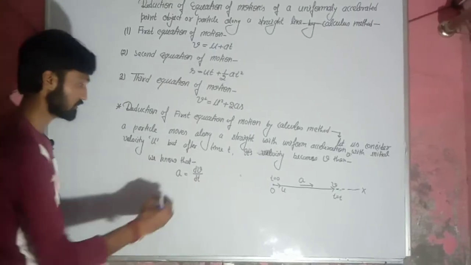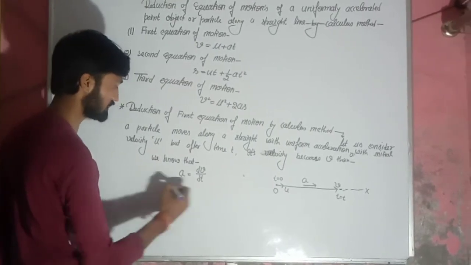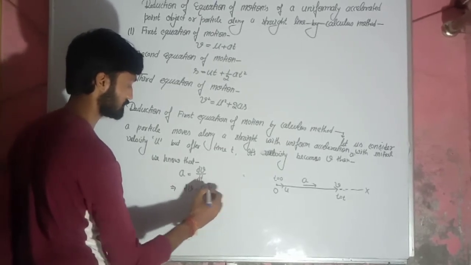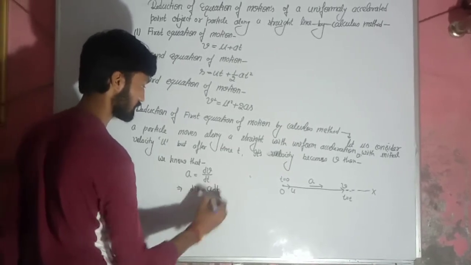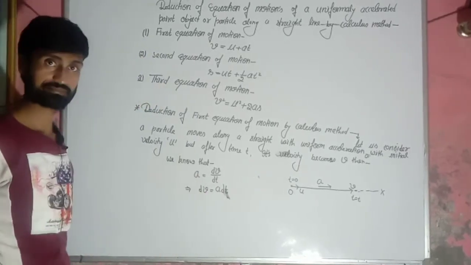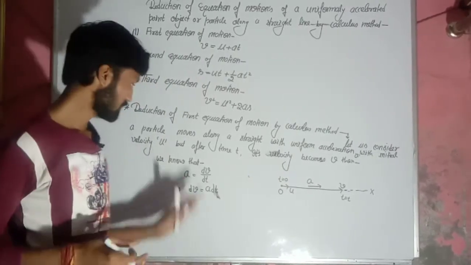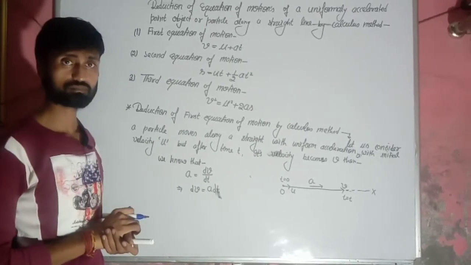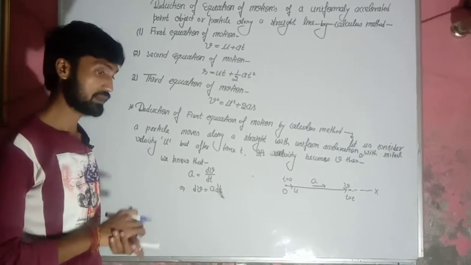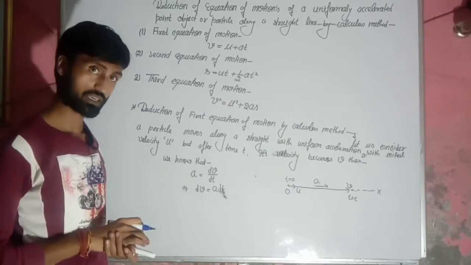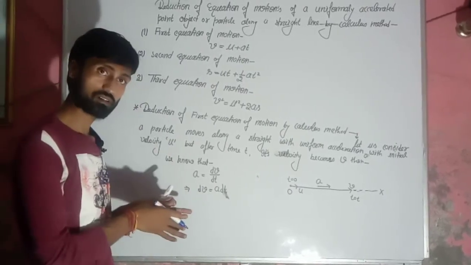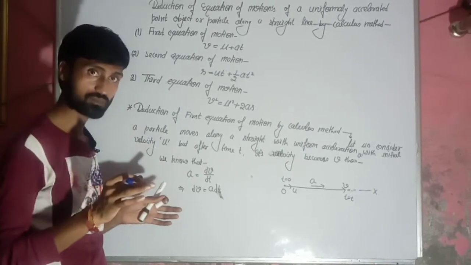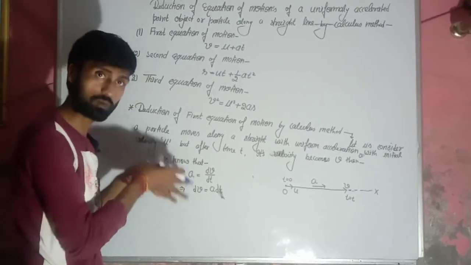Then we can write dv equals a dt. But it's a wrong way, which you will understand in mathematics. Here some steps are skipped by me to simplify the problem.